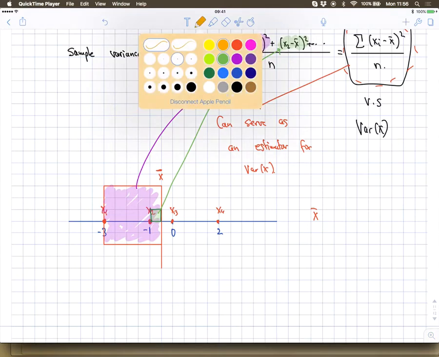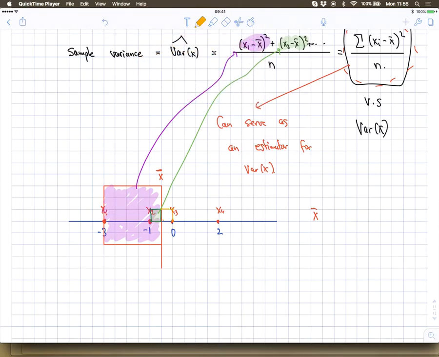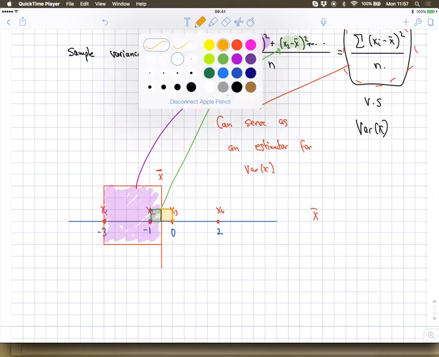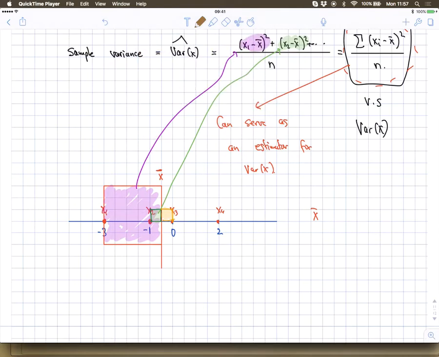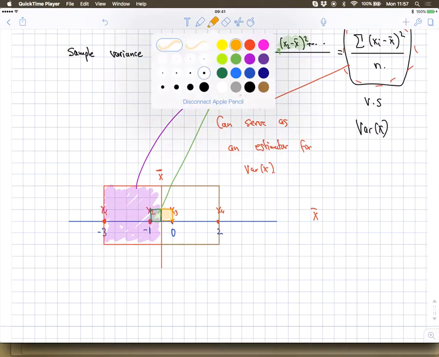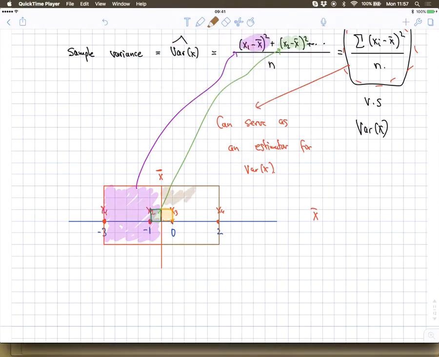I can realize that it's also here. And x4 is 1, 2, 3, 4, 5. So similar to that one, 5 units. So I can draw it this way. So I get this bit here.